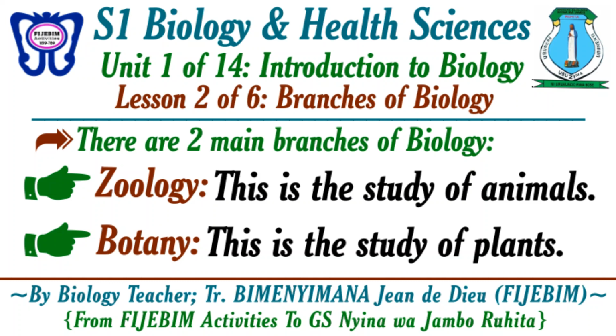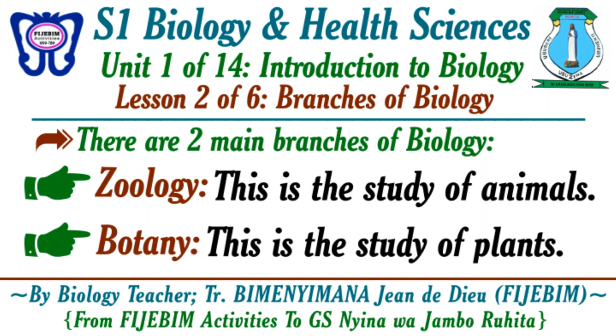That's why the 2 main branches are zoology and botany. Zoology is the study of animals, while botany is the study of plants. Why are they more main than the other branches? It is because these branches deal with the greater number of organisms in the whole world.